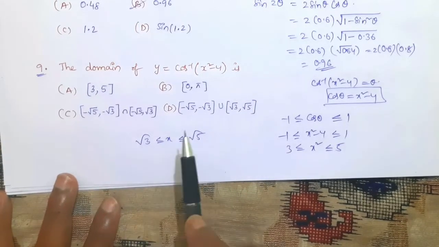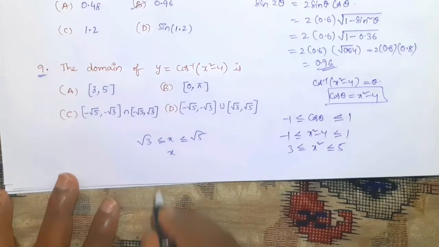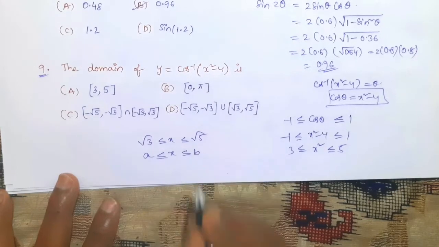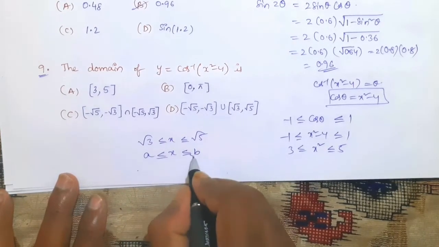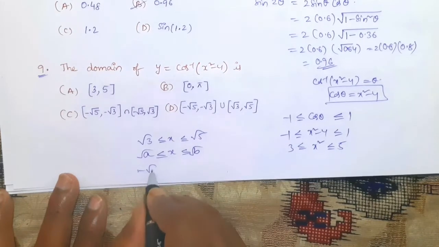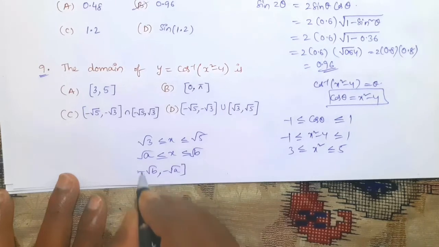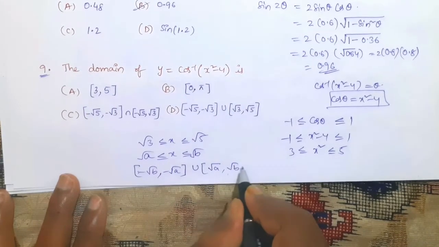But we know the formula according to linear inequalities. If x is less than or equal to a, greater than or equal to, and less than or equal to b, remember, as it is root, we write it as closed interval minus root b comma minus root a, union root a comma root b.